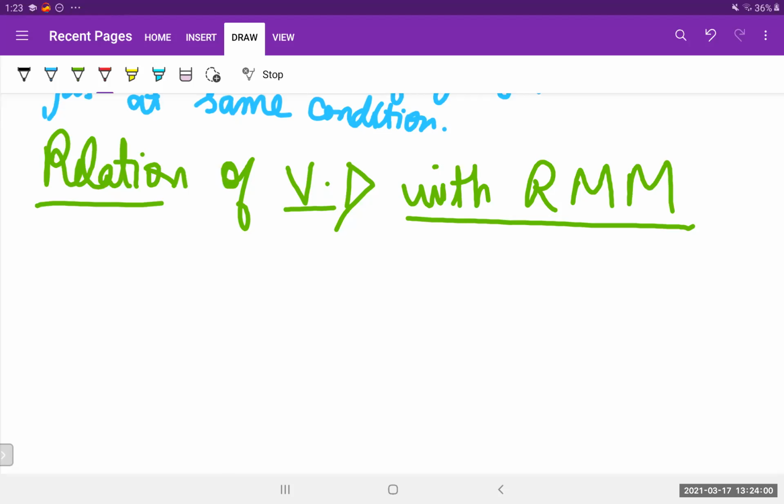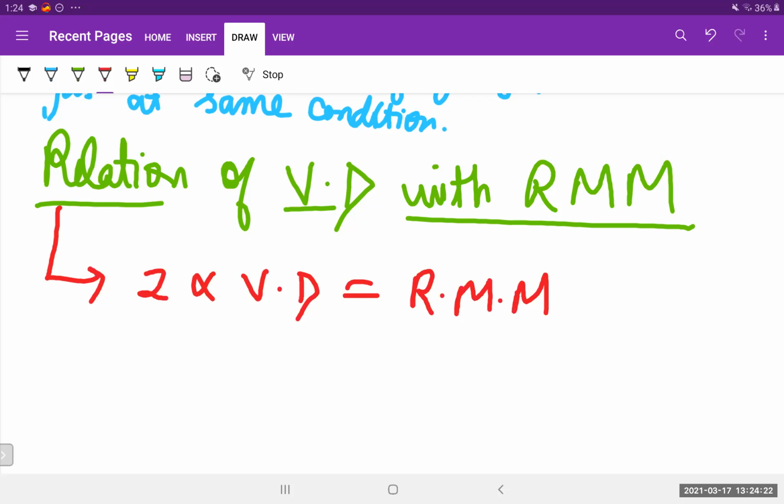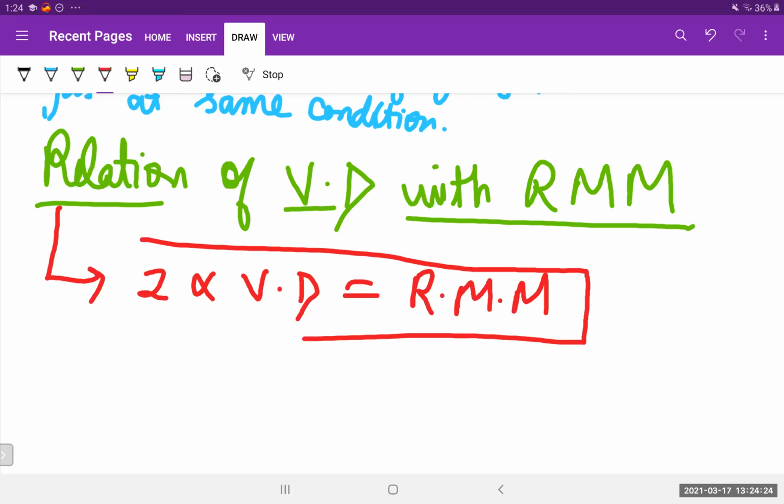The relation is 2 times the vapor density equals the relative molecular mass.